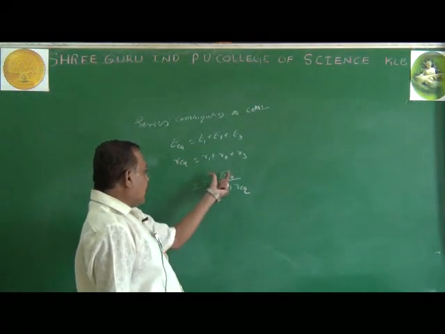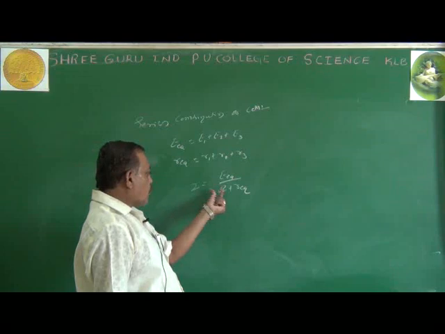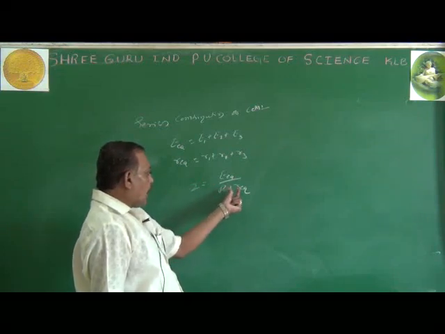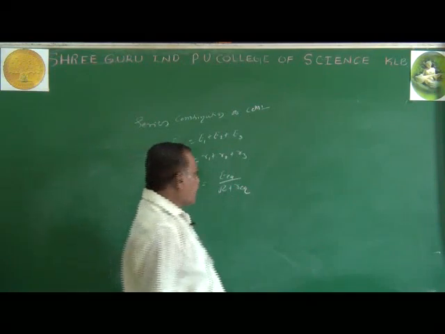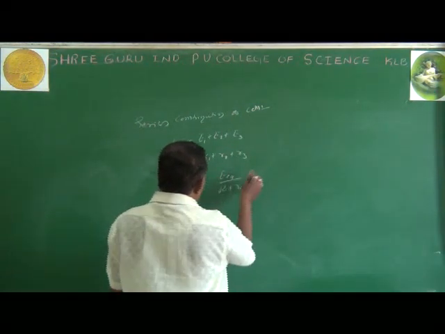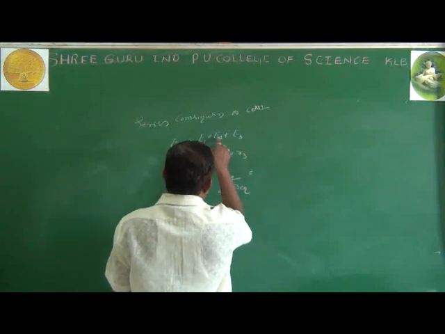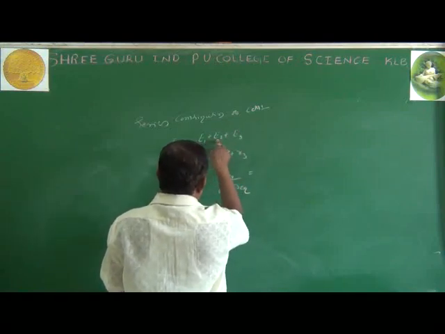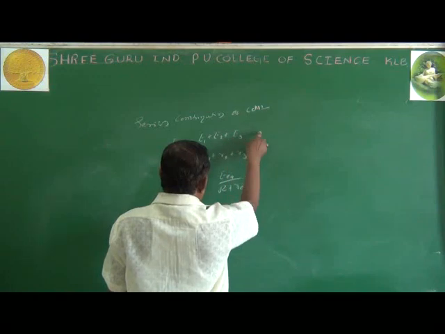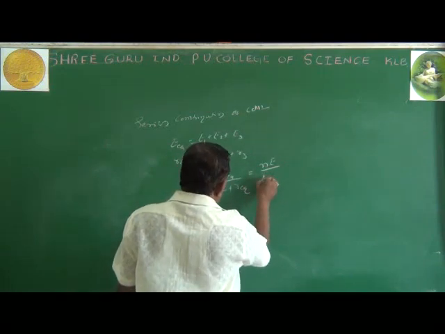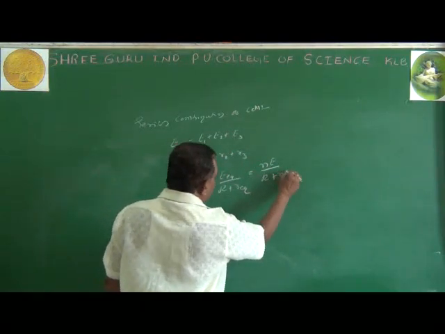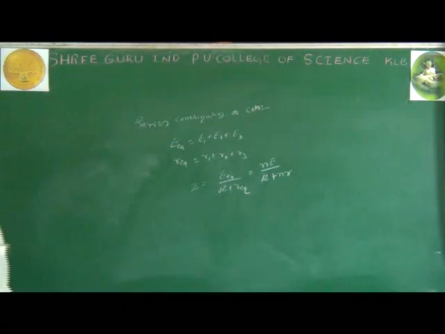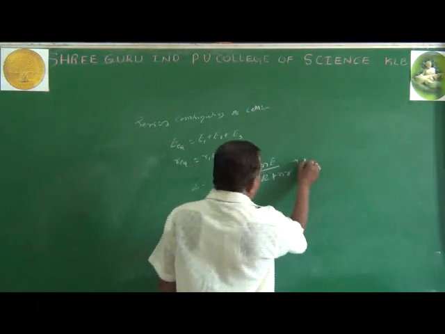Hence, E equivalent divided by R plus r equivalent, where R is the external resistance through which the current is meant to pass, and r equivalent is the equivalent internal resistance. If all the cells are identical, with n number of cells, we get n into E over R plus r plus r plus r, n times, that is n r. This is for identical cells.